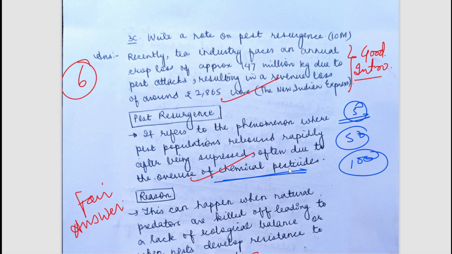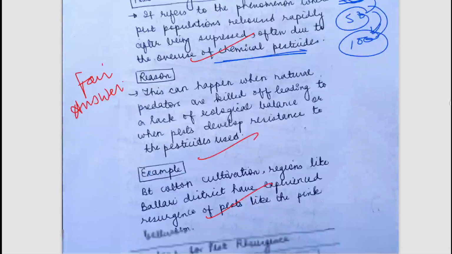Very well written. What happens many times when these are suppressed, we use chemical pesticides in huge amounts, and those pests develop a kind of resistance against chemical pesticides, and start doubling their numbers very rapidly, and the pesticides are not able to control them. So this is what pest resurgence is.